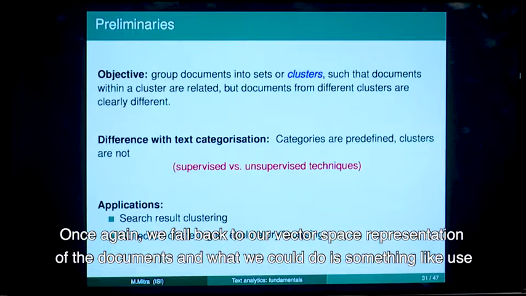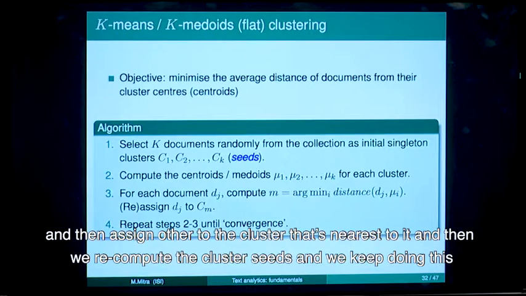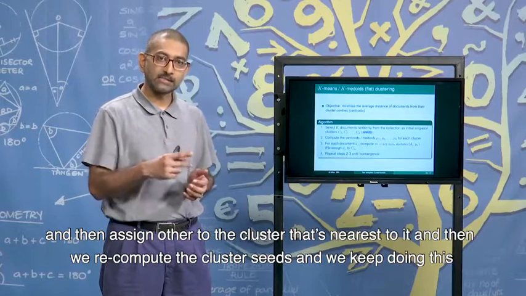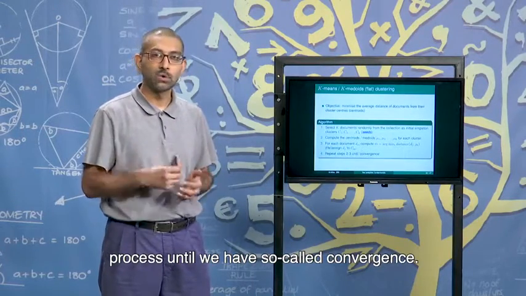Once again, we fall back to our vector space representation of the documents, and what we could do is use the so called k-means algorithm. Here the idea is we randomly select a set of documents as prospective cluster seeds and then assign other documents to the cluster that is nearest to it, and then we recompute the cluster seeds and we keep doing this process until we have so called convergence.